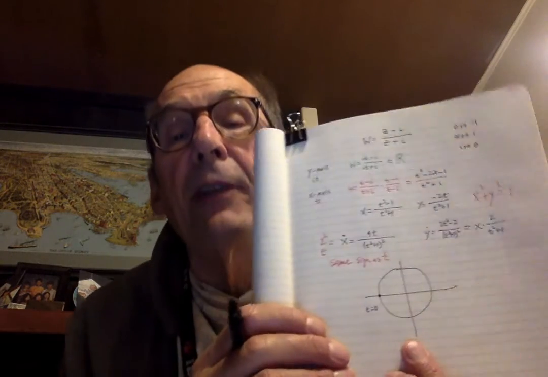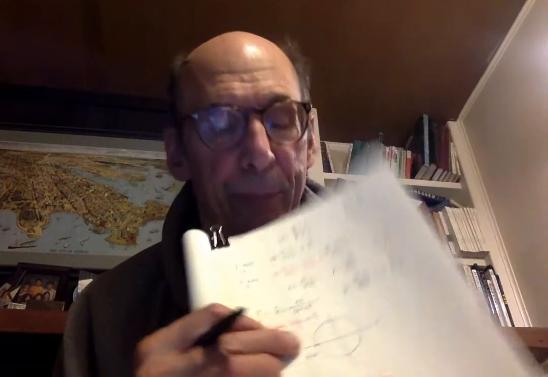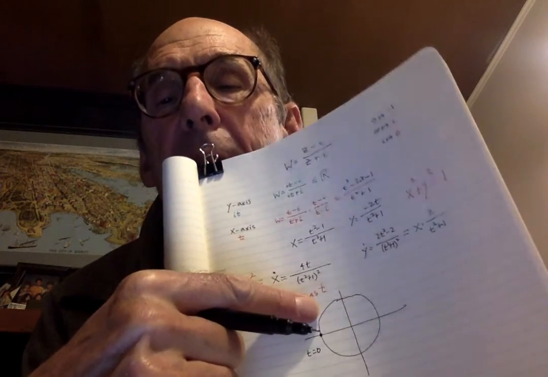So that gives us the unit circle, and so I'm going to just kind of draw that in here. We don't want to plot a lot of points, but when t is 0, that means that we're at x is minus 1 and y is 0. And so we can see what's going on now as we go through here. So in this quadrant, well, we better make sure we know what the sign of t is.